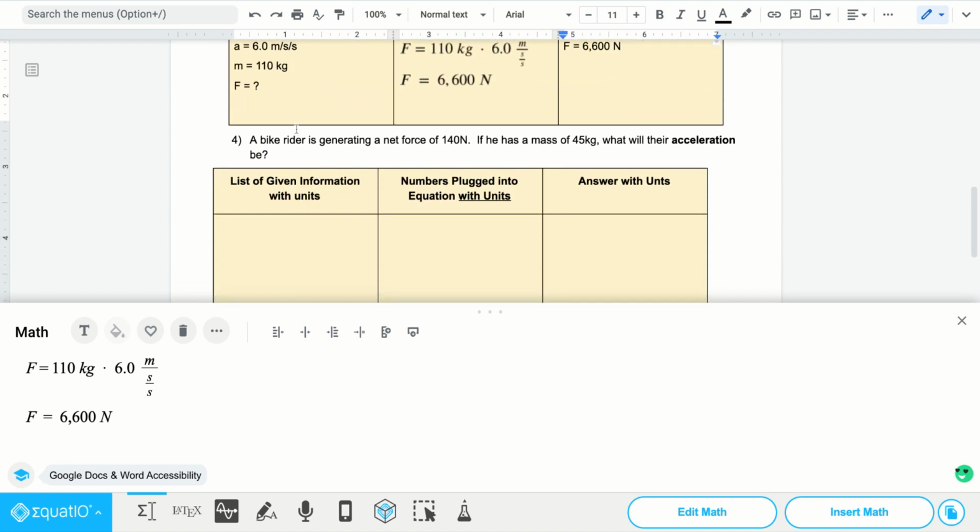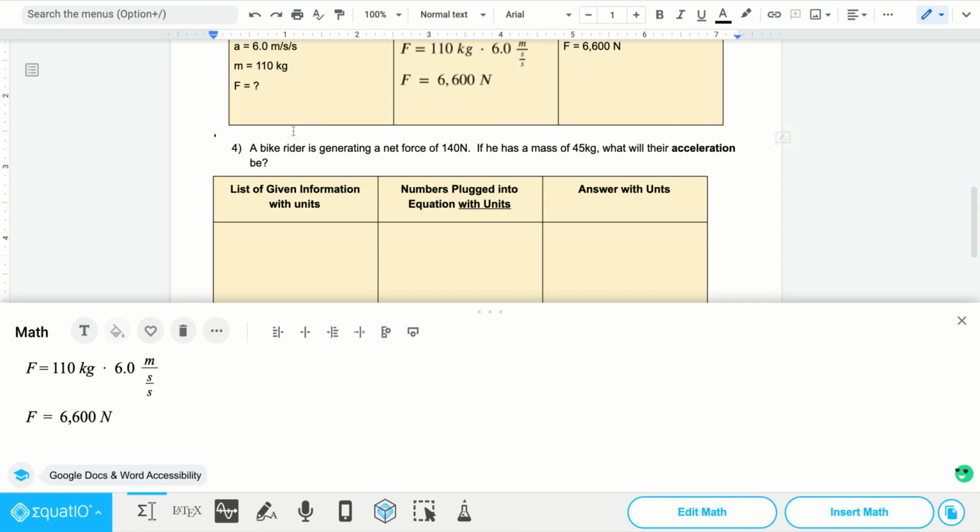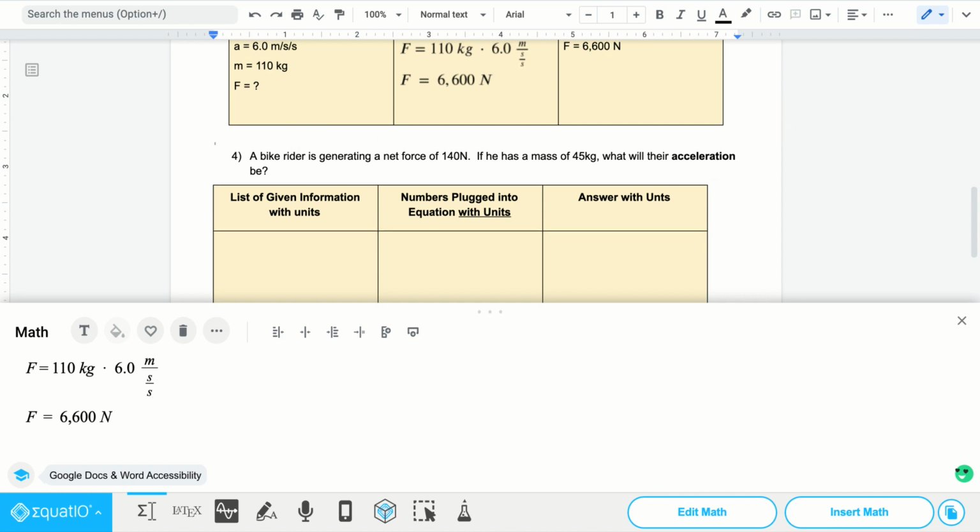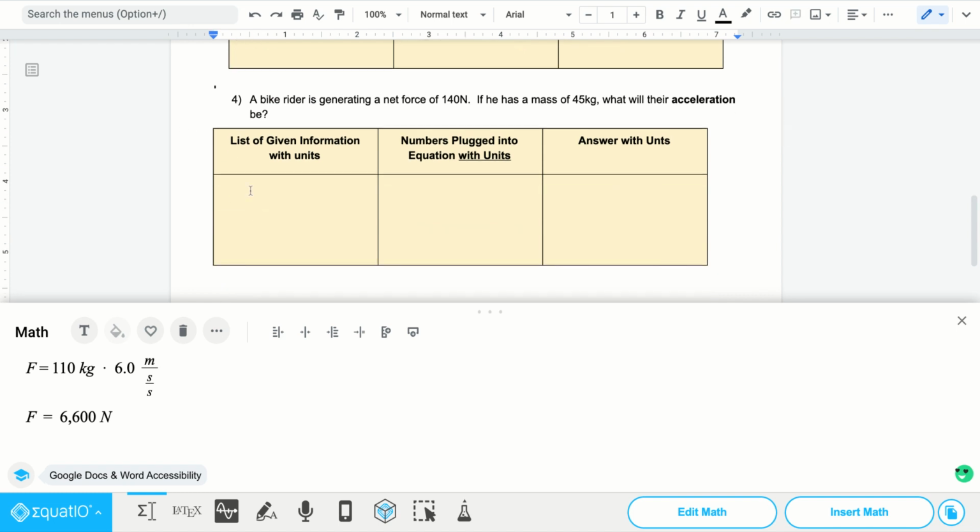All right, number 4, we have to figure out what the acceleration of a biker is. The biker is applying a net force of 140 newtons. The biker has a mass of 45 kilograms, and we need to figure out what the acceleration will be.